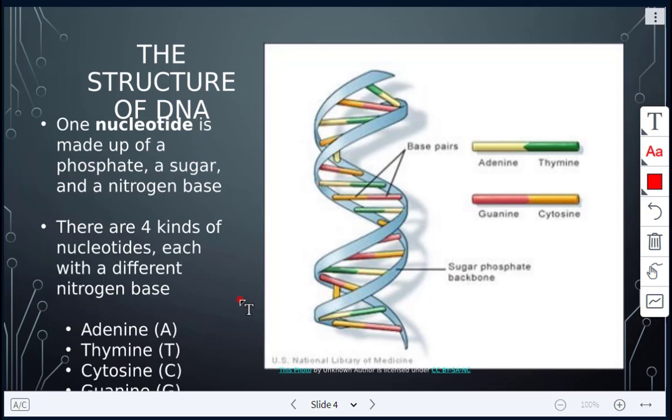And then we had the 4 nitrogen bases that we talked about. The adenine and the thymine pair up together, and then the guanine and the cytosine will pair up together like this. And then when we talk about a nucleotide, one nucleotide is made up of a phosphate, a sugar, and a nitrogen base, which I'll show you in this next slide.